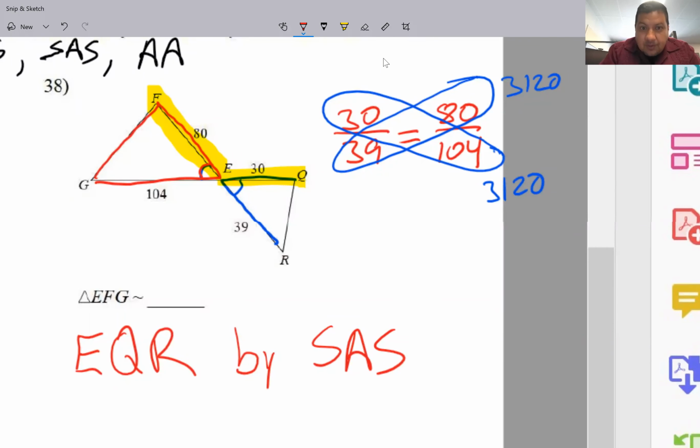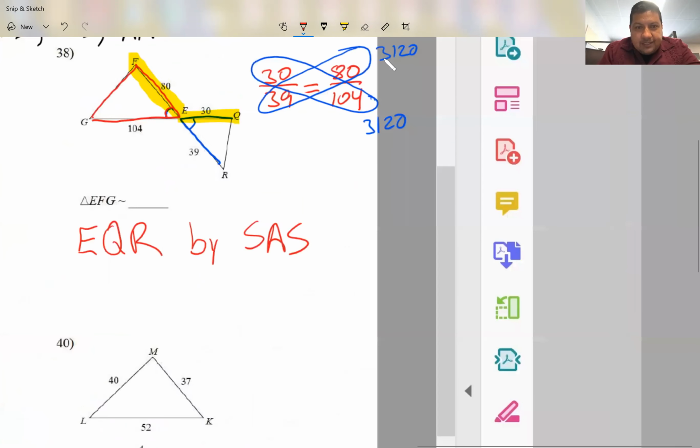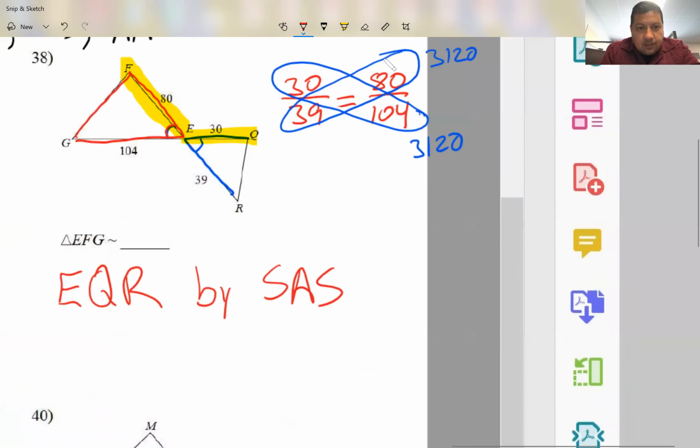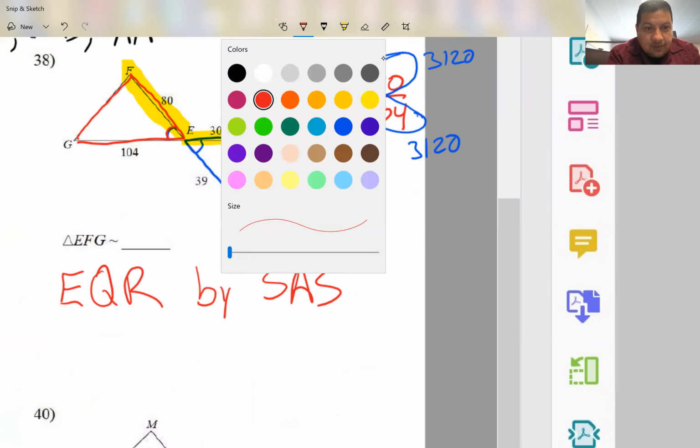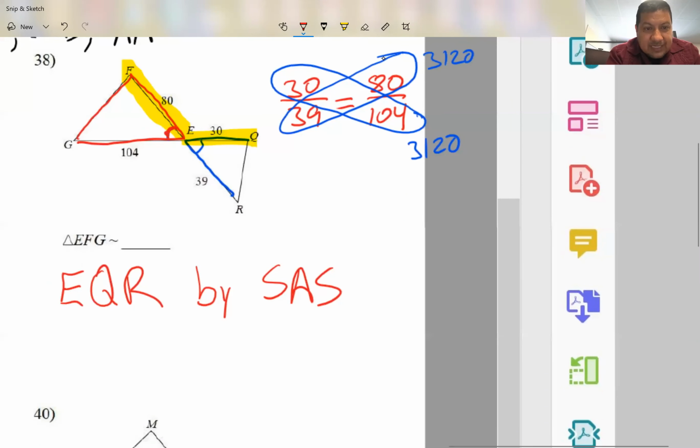All right, let's take a look. What about question number 39? Now here, I got a question: why is it EQR? Okay, so remember, we said E from the red triangle goes with E from the blue triangle. And when I see that here, it says EFG, right?